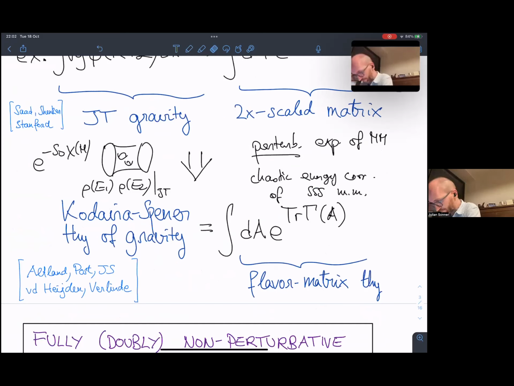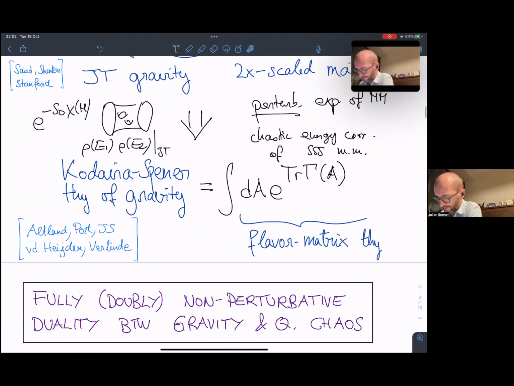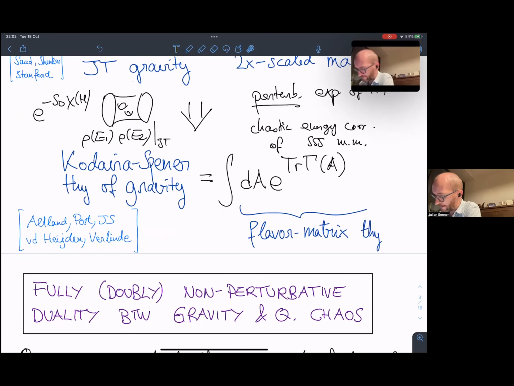But I wanted to advertise that in some sense, in recent work with Atlant, Post, van der Heyden, and Verlinde, we showed that in fact this whole thing can be made to work also fully non-perturbatively in the matrix model. And in order to make this work, I don't want to go into the details again, ask me afterwards if you want. We really had to dig deep into the quantum chaos technology.